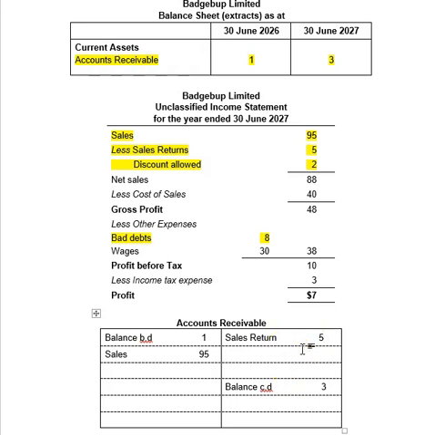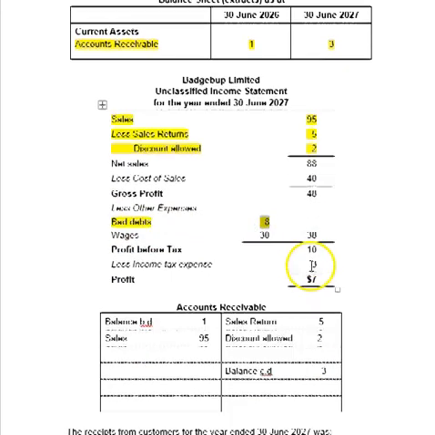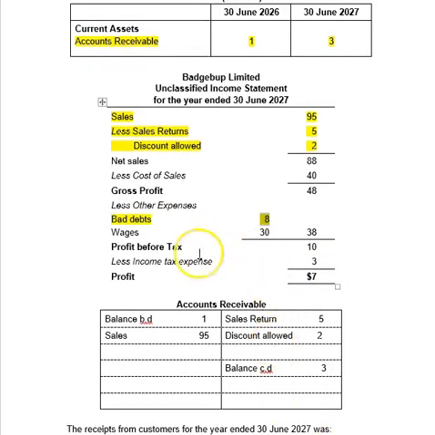And next will be discount allowed. Discount allowed also will reduce my accounts receivable, because when I give people discount, I will receive less from them. And don't forget our bad debts. When we write off our bad debts, we should close part of our accounts receivable.